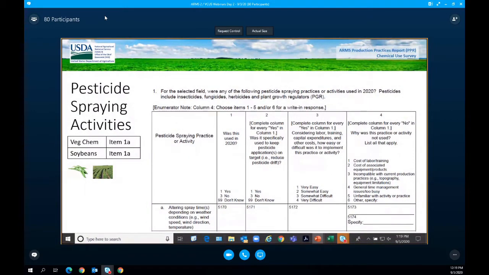These could be things like temperature inversions, when really cold air is trapped under warm air. That typically happens in mornings. It might be very hot outside, or it could just be particularly windy. So in any of these cases, a farmer could have and probably should have postponed an application, and that's what we're looking to gather information about here.